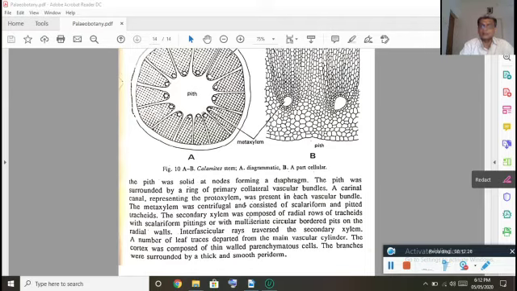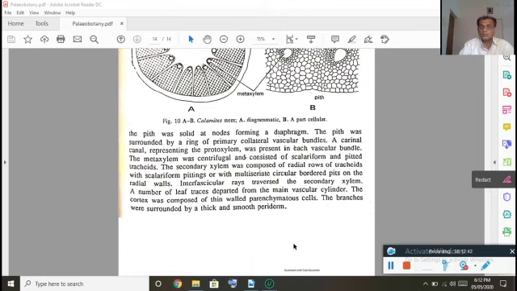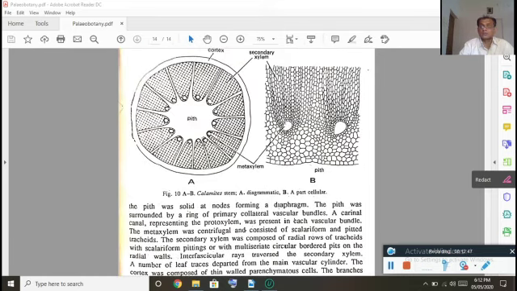And that cavity or canal, you called it what? Carinal canal, this one. So the carinal canal is found in the Equisetum. So that type of carinal canals are present in the vascular bundles of the Calamitis stem. This one, carinal canal. So the presence of the carinal canal clearly indicates that this is similar to that of what?